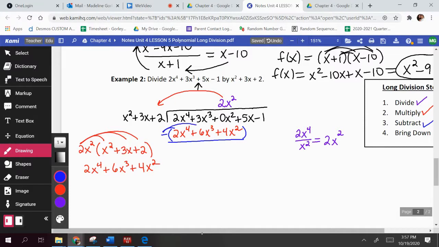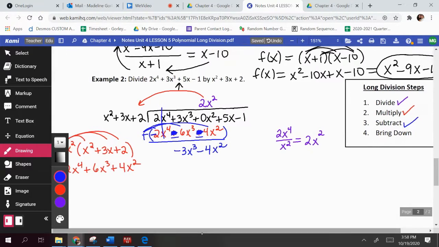When I distribute that negative sign through to each one of these terms, it's going to become a negative 2x to the 4th, a negative 6x cubed, and a negative 4x squared. So 2x to the fourth minus 2x to the fourth, that's gone. 3x cubed minus 6x cubed is going to be negative 3x cubed. 0x squared minus 4x squared is negative 4x squared.